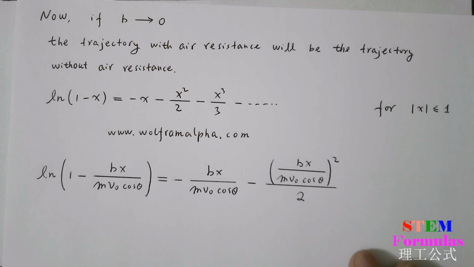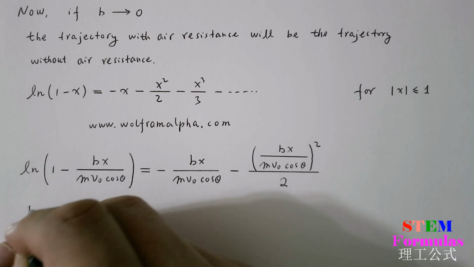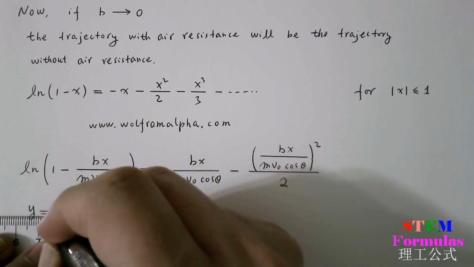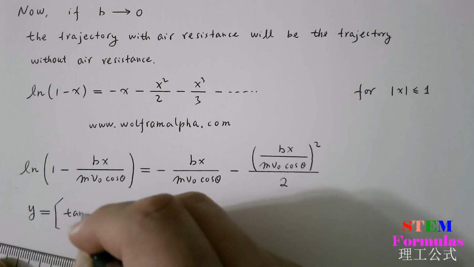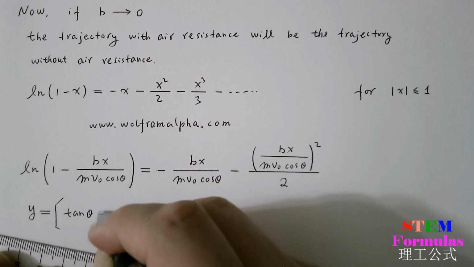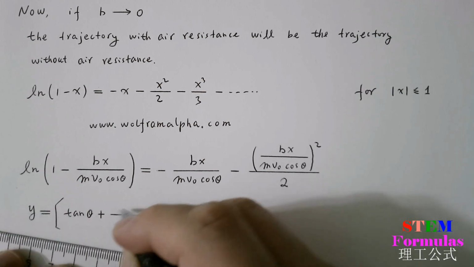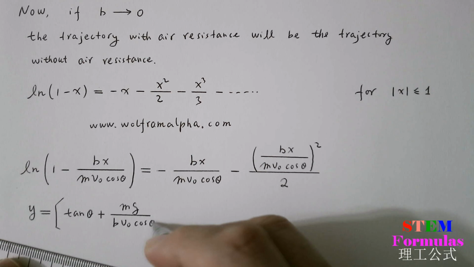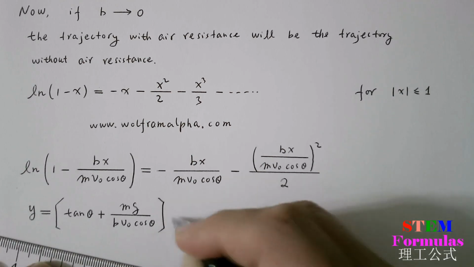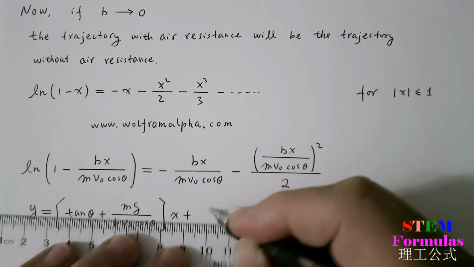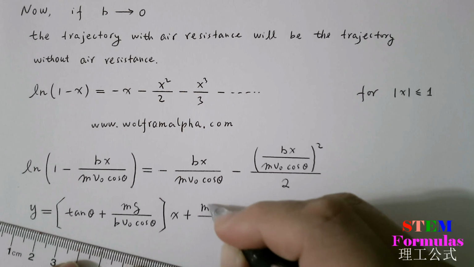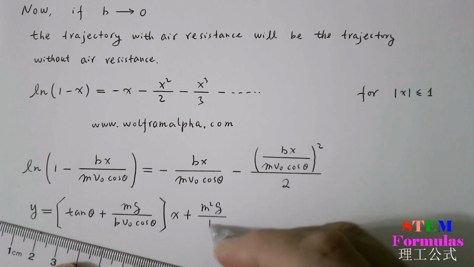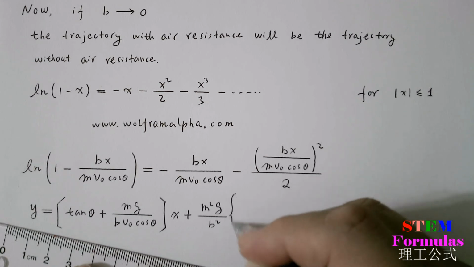So we have y equal tangent theta plus m g divided by b v0 cosine theta, x, plus m square g divided by b square, bracket.